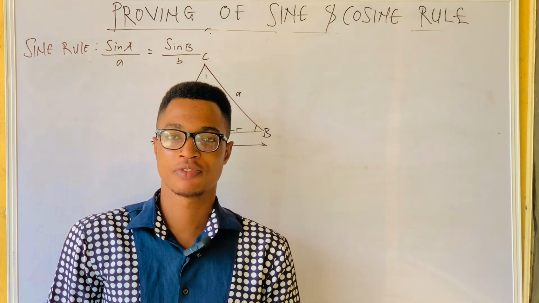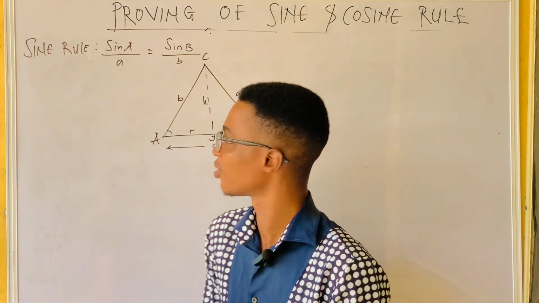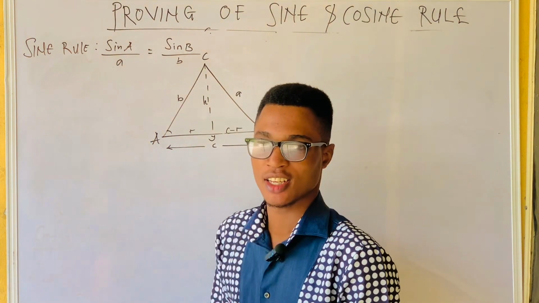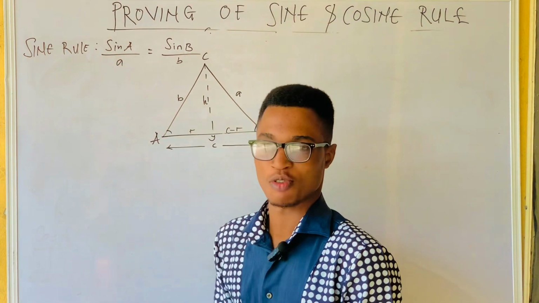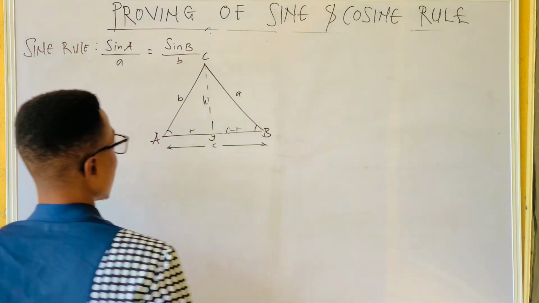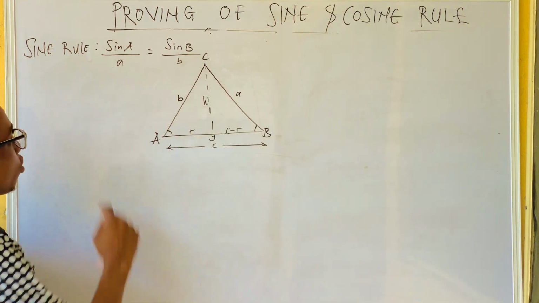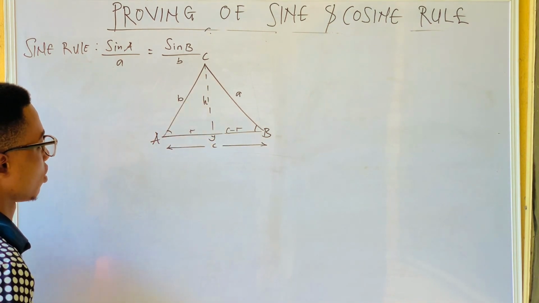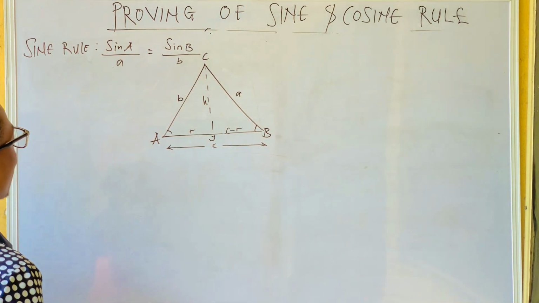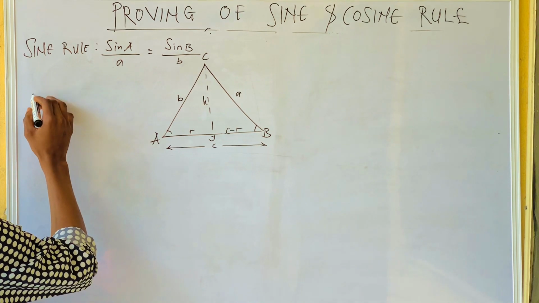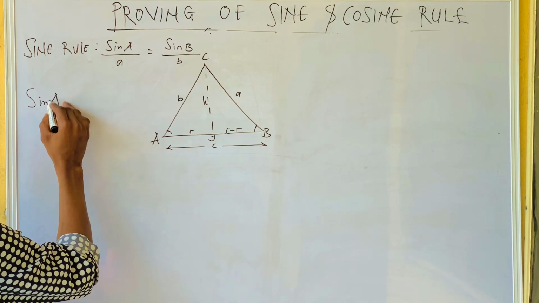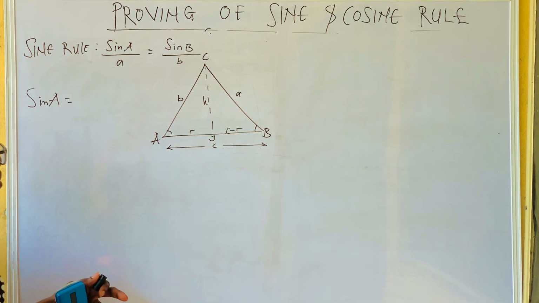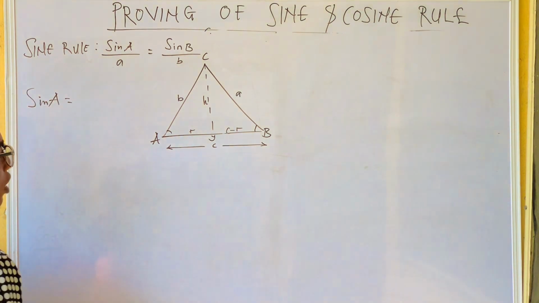Now we need to prove the sine rule. Sine A over a equals sine B over b. For us to prove this rule, we need to consider this part of the triangle. Also, we need to apply SOHCAHTOA, where we have sine A is equal to opposite over hypotenuse.